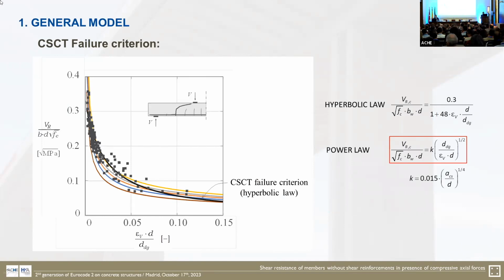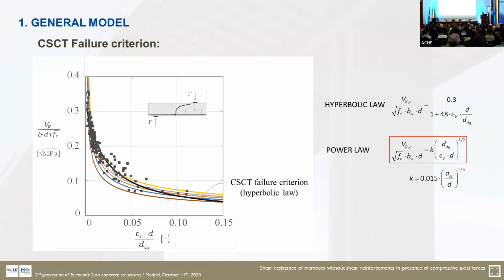The general formulation is based on the power law shear failure criterion of the critical shear crack theory, according to which the shear resistance is a power function of the reinforcement strain.